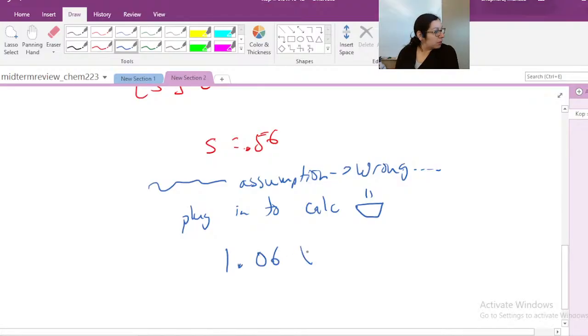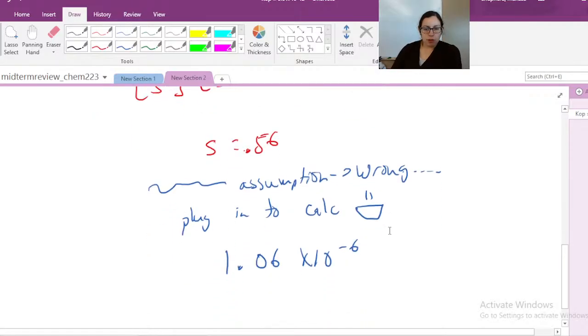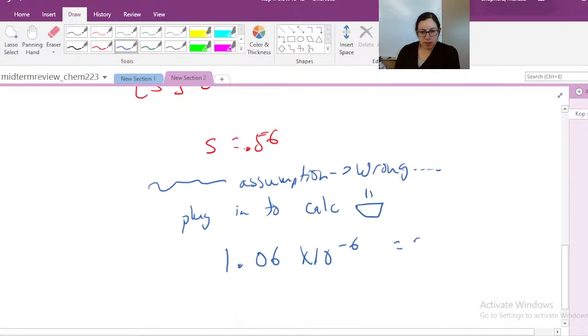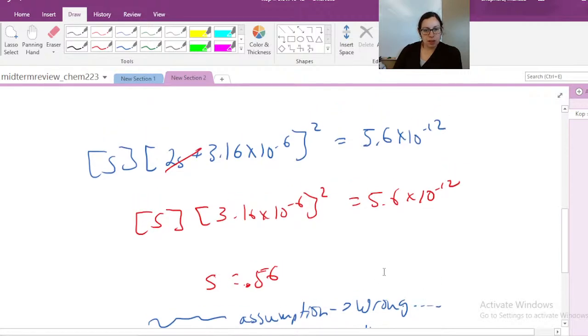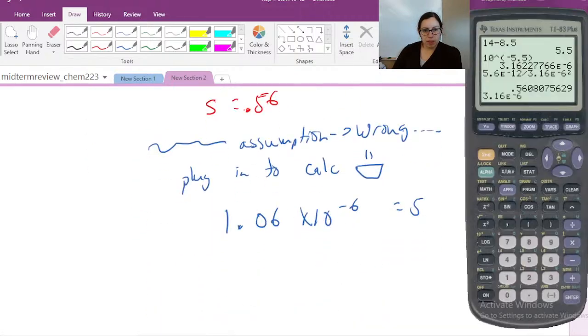So 1.06 times 10 to the negative 6 for our S. And now I'm double checking our solubility into here, since that was actually on the order of our value, so apologize for that.